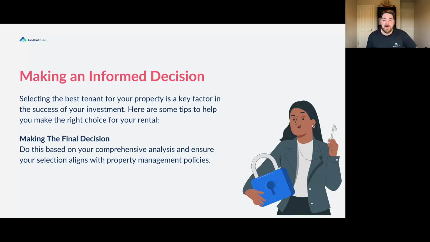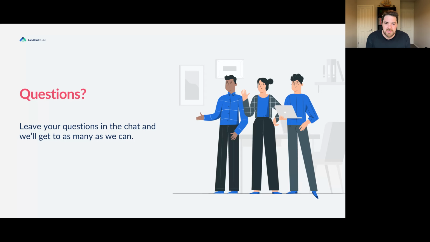So that is a very short and quick overview of how Landlord Studio does all this, from creating a listing all the way through to syndication or sharing the listing out to sites like Zillow, Zumper, etc., and then having those leads come in, pre-screening them, and then allowing you to really understand who the right tenant is, and then moving them into the application and screening process.